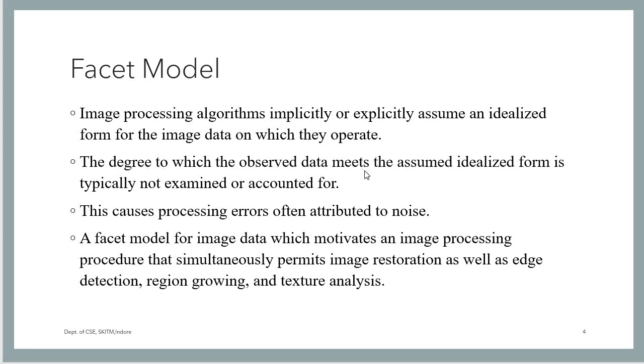The degree to which the observed data meets the assumed idealized form is typically not examined or accounted for. Practically we cannot expect the observed data to match the assumed idealized form, but somehow we are trying to keep the observed data going to match the ideal form.